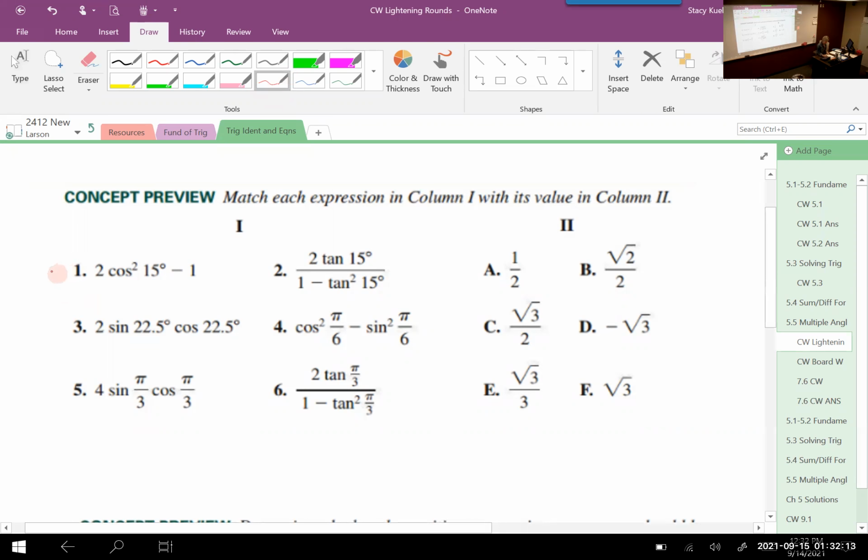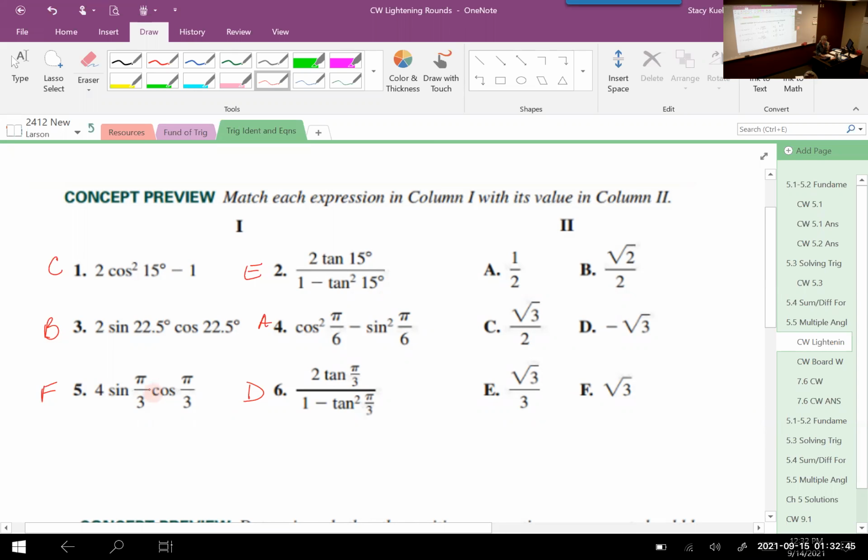So 1 would be what, everybody? C. What's 2? E. E. And 3, E, and 4, A, and 5, and 6, E, D, right? Okay, you can get to 5 by process of elimination, or you can also recognize that this follows the pattern of the double angle for sine.